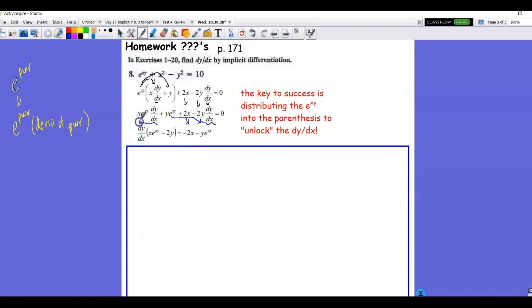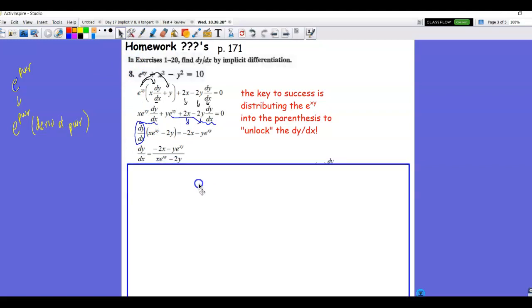I factored out the dy dx from the two terms that I had, and now, of course, to get dy dx from both on one side, I'm going to divide by e to the xy times x, minus 2y. So again, really the big deal here is, in order to get dy dx by itself, you have to distribute in order to, quote, unlock the dy dx and get rid of those parentheses.